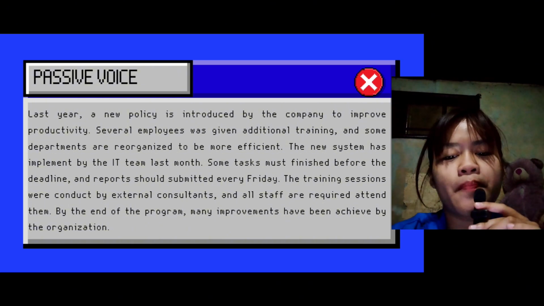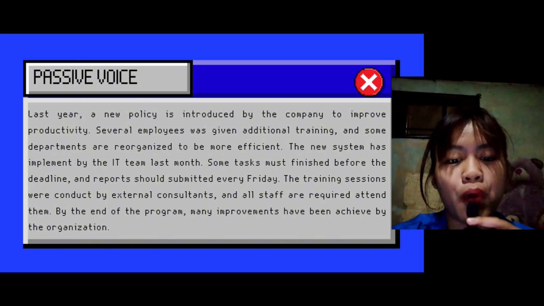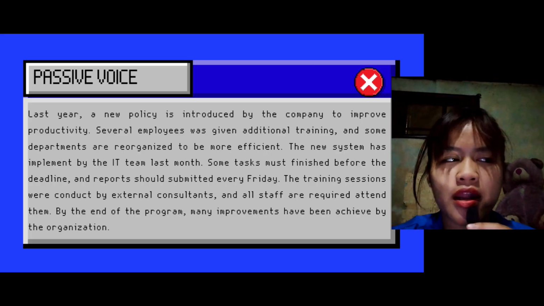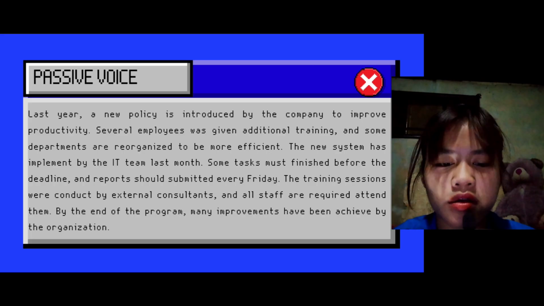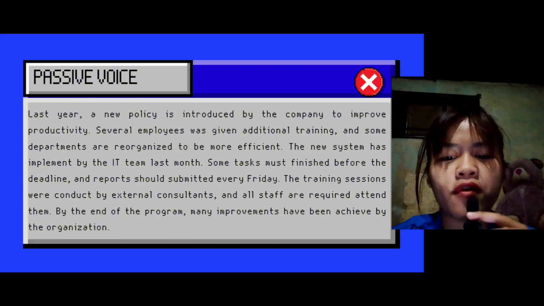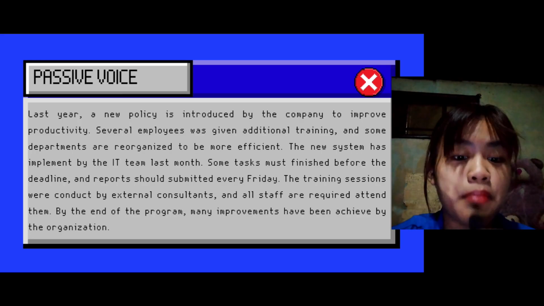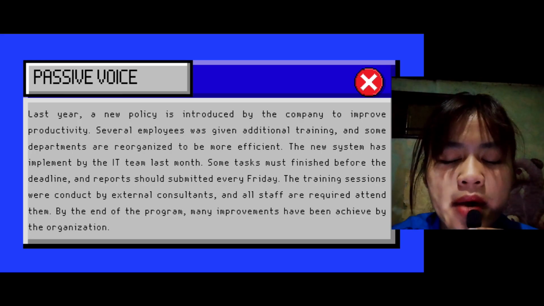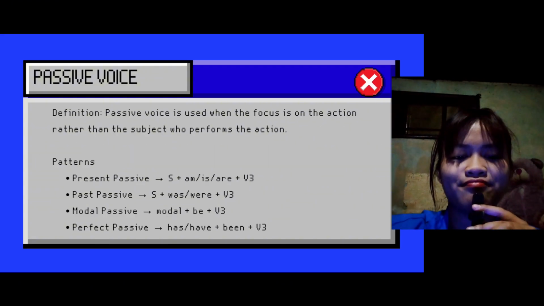Some tasks must finish before the deadline, and reports so submitted every Friday. The training sessions were conducted by external consultants, and all staff are required to attend them. By the end of the program, many improvements have been achieved by the organization.